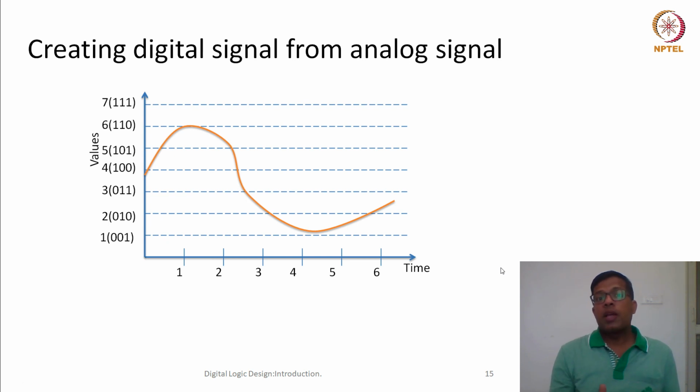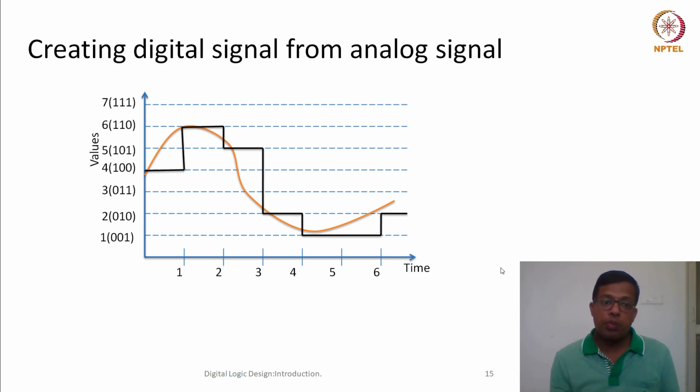Now when I am talking about a digital signal, it is not continuous, neither in values nor in time, so it is discrete. Discretization would happen at both places, for values as well as for time.